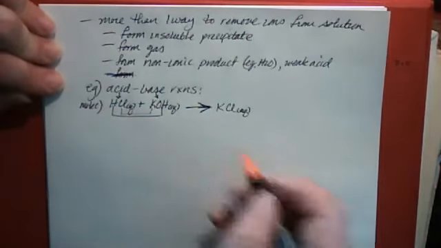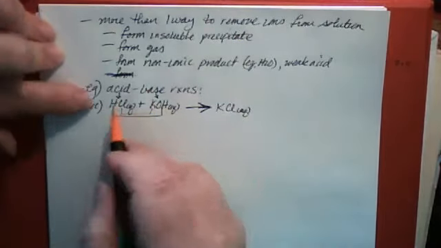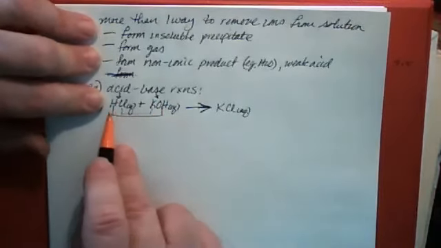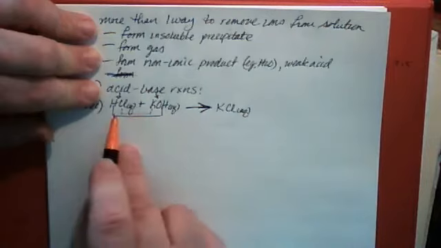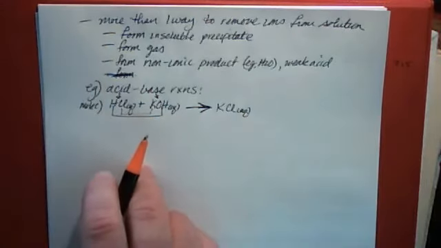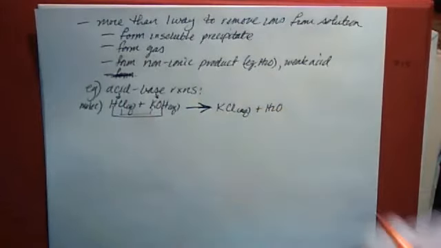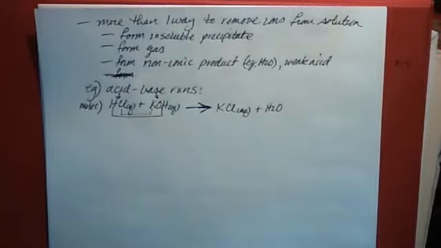The other product would be hydrogen hydroxide. That is, the positive ion from HCl and the negative ion from KOH would be HOH, hydrogen hydroxide, but HOH is better known as water, or H2O.